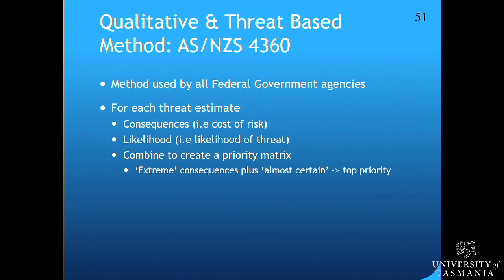This looks at the consequences, then motivates them into our likelihood, and then we combine both of those into a priority matrix where we can see what is high cost and what is high likelihood. If it's high cost and high likelihood, that's what we've got to defend against. If it's low cost and low likelihood, we might do nothing about it.